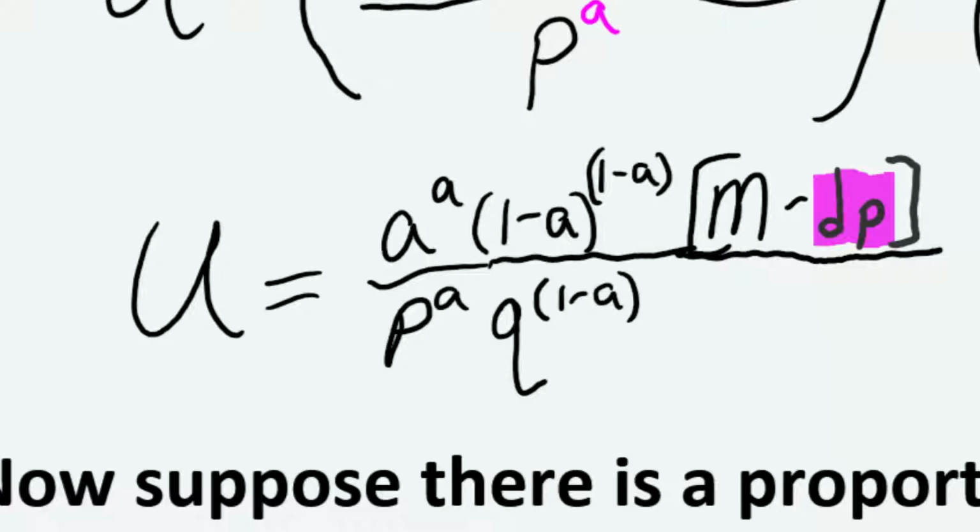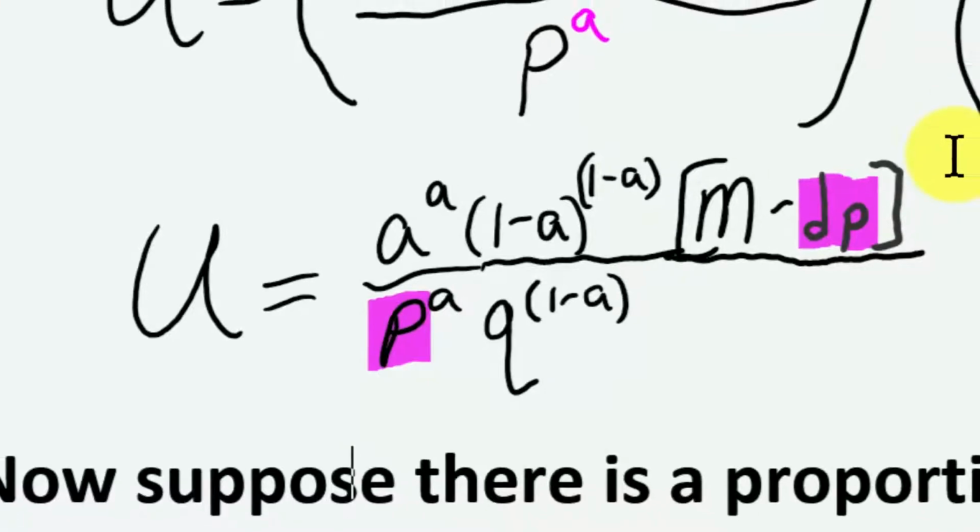That's going to reduce this thing I'm calling the disposable income, M minus DP, so that's going to be going down. The other impact is that since the price in this part of the indirect utility function is going up, that's going to reduce our utility in a second way. So there are two parts of this equation that are going to be impacted.